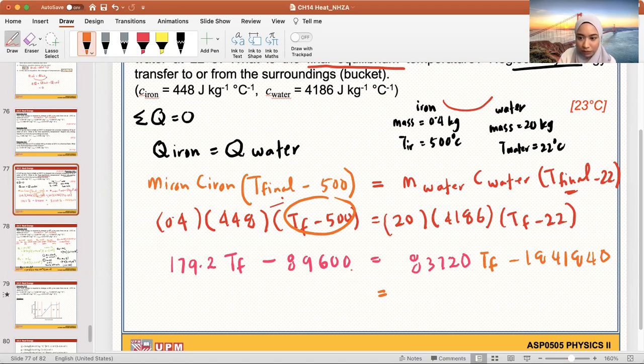So if I put this over here, 1841840 minus 9,600. So this guy will become 1752240. I just put this guy over here. Okay. And then TF kita nak kumpulkan ke sini. 83720 minus 179.2.